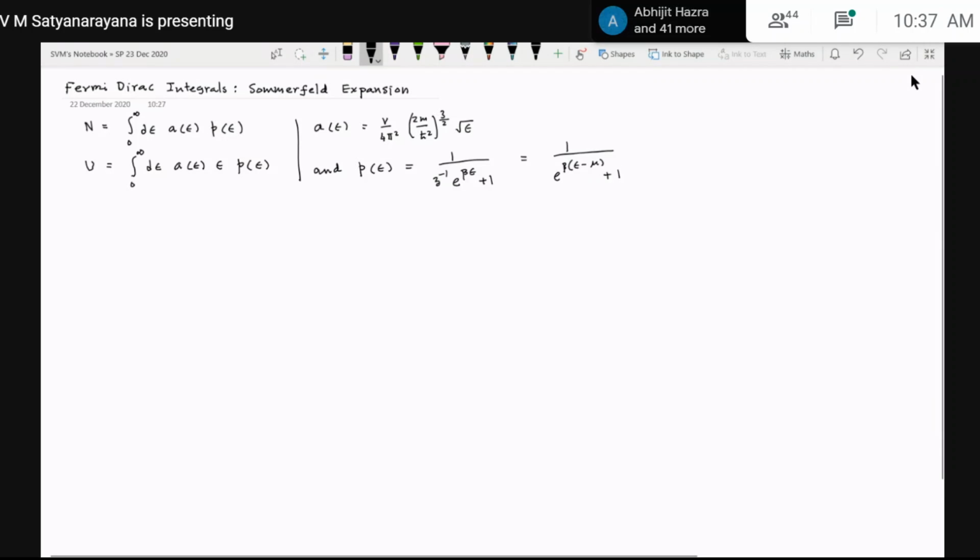Okay, so we have to evaluate these integrals. Now it turns out that evaluating these integrals is quite difficult.